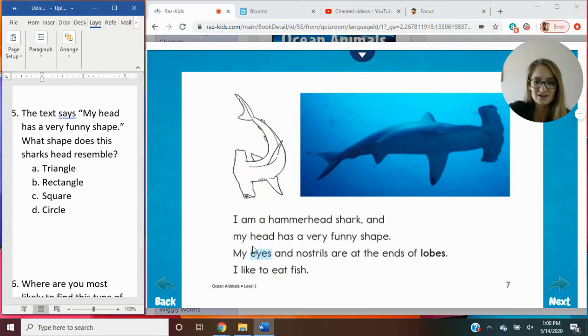So it says right here in the text, my head has a very funny shape. What shape does the head look like or resemble? Is it A, a triangle, B, a rectangle, C, a square, or D, a circle? Tell your family what shape the head looks like.